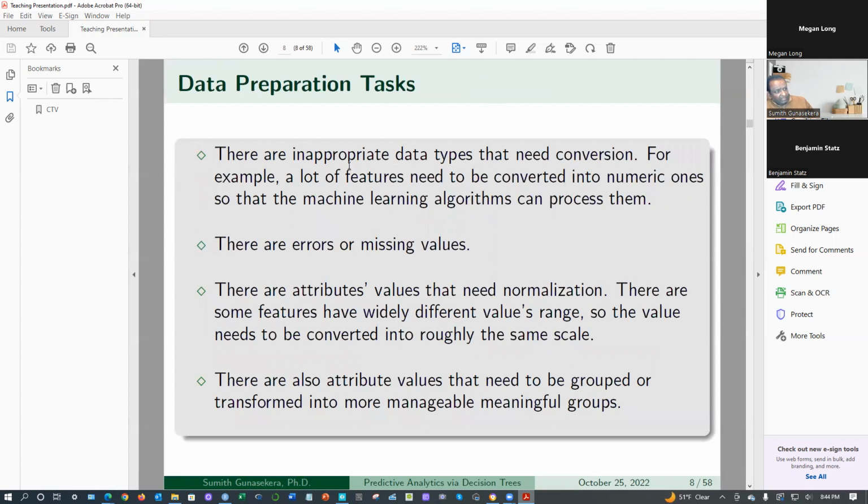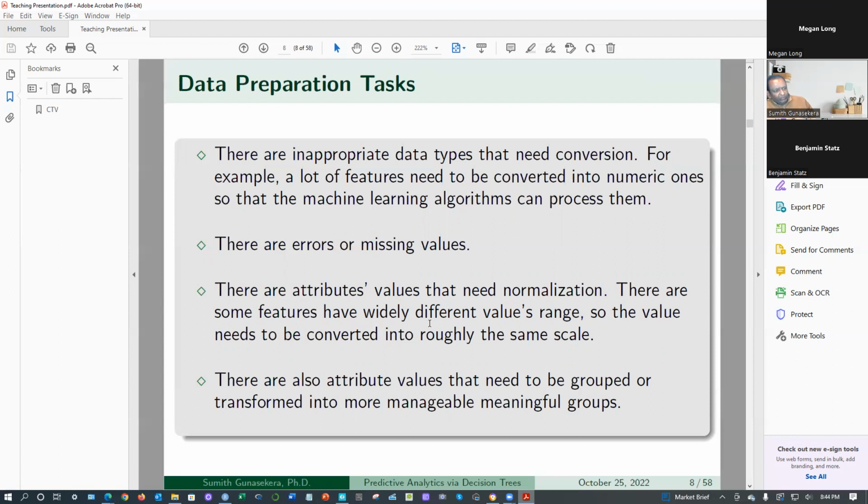See? There are inappropriate data types that need conversion. For example, a lot of features need to be converted into numeric ones so that the machine learning algorithm can process them. There are errors of missing values. Most of the attributes, meaning variables. You know that attributes mean variables. In the business world, they call it attribute values that need normalization.